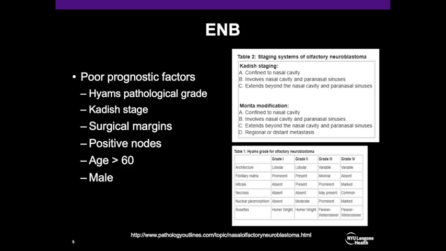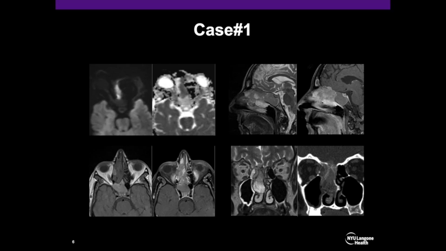The Kadish staging takes the mass extent into account, and it depends on whether the mass is confined to the nasal cavity, involves the paranasal sinuses, or extends beyond these two structures. Prognostic factors also include positive surgical margins, positive nodes, elderly age, and male gender.